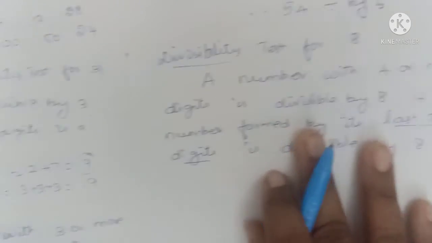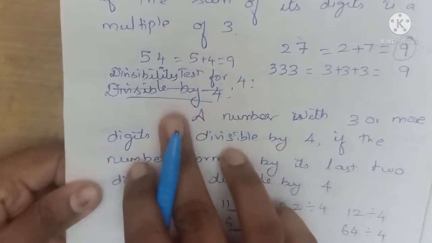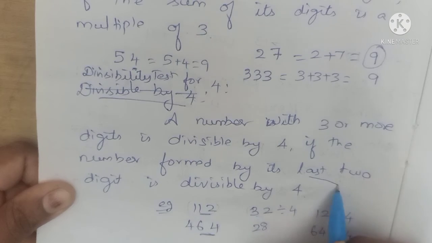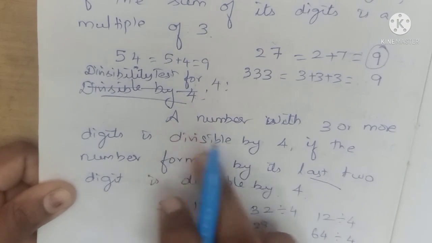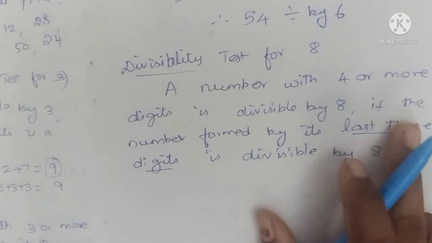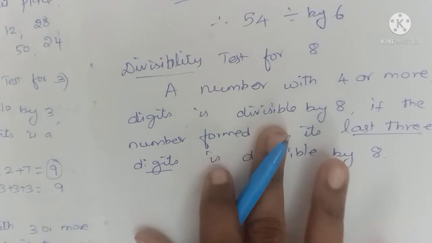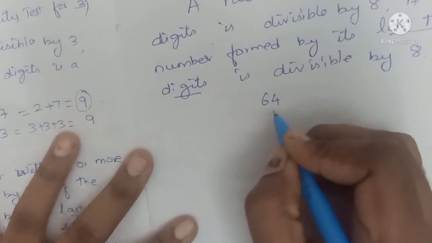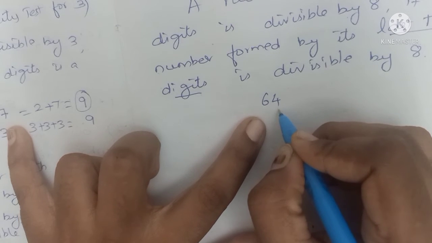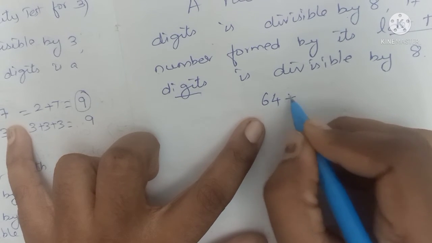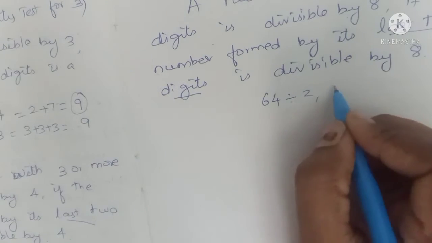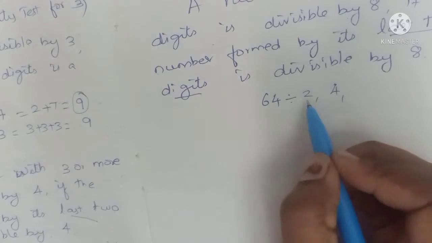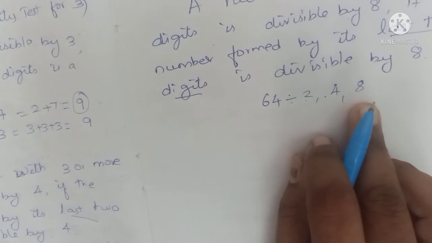And for divisibility test for 4, the last 2 digits we have to check. If the last 2 digits are divisible by 4, the entire number is divisible by 4. For 8, if the last 3 digits are divisible by 8, we say that the entire number is divisible by 8. If the number is small, for example 64, this is 8 8s are 64, and 64 is divisible by 2 tables also, and 4 tables also, because the last 2 digits are divisible by 4. So 2 into 4 is equal to 8, and 8 tables also it is divisible.